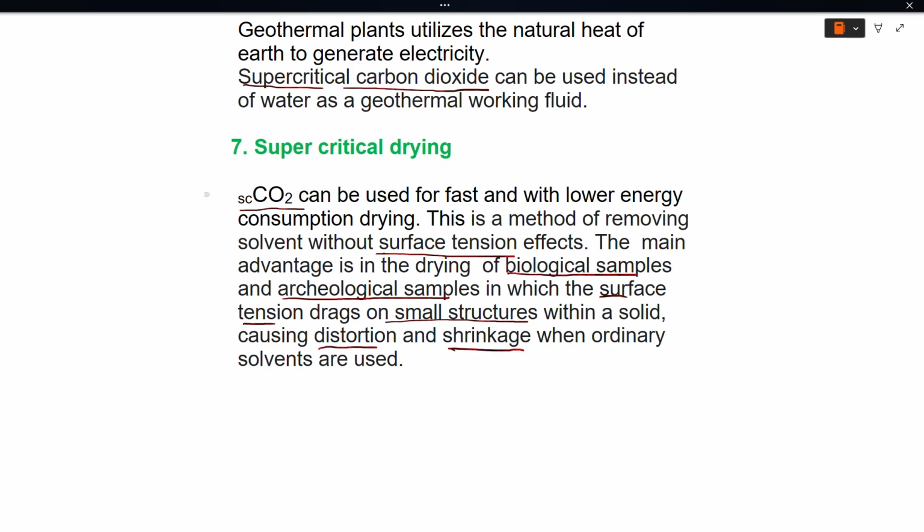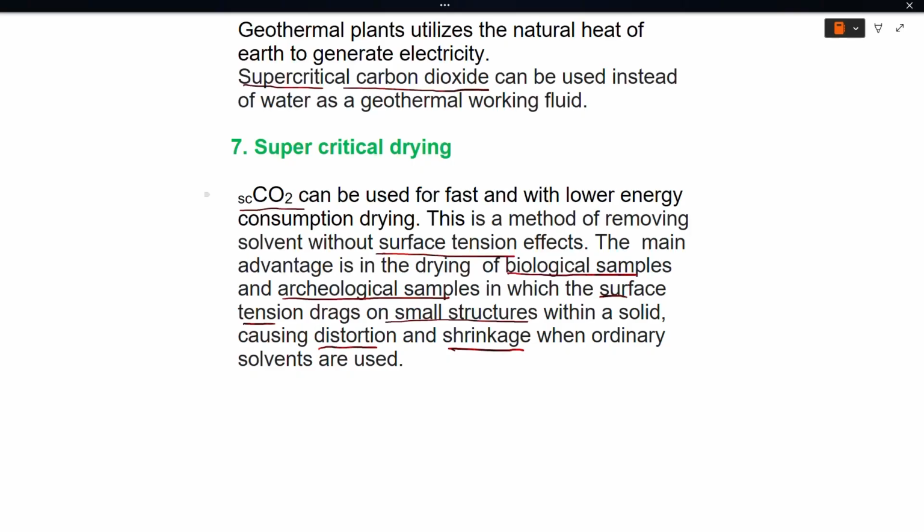Since supercritical carbon dioxide does not have surface tension, you can keep the structures intact. At the same time, you can remove the solvent like that and keep it dry.